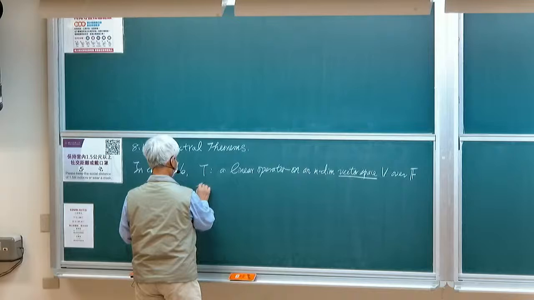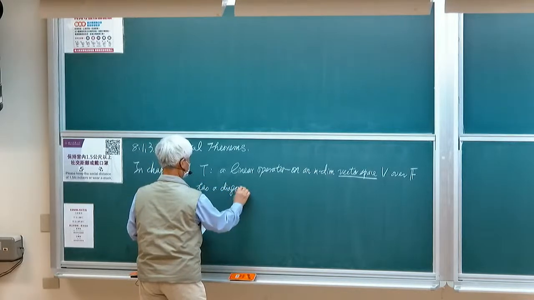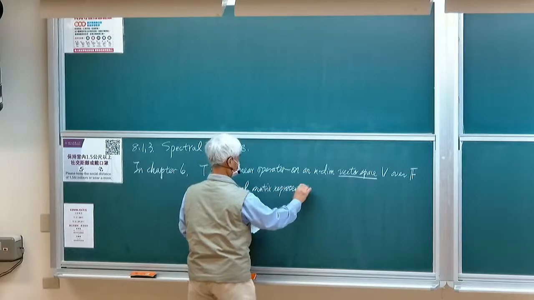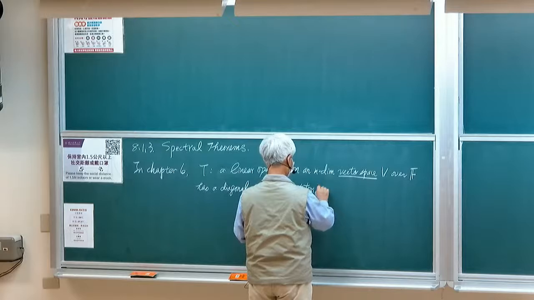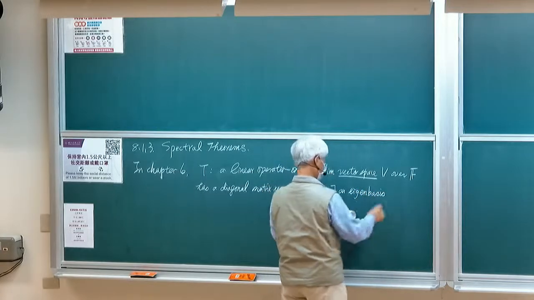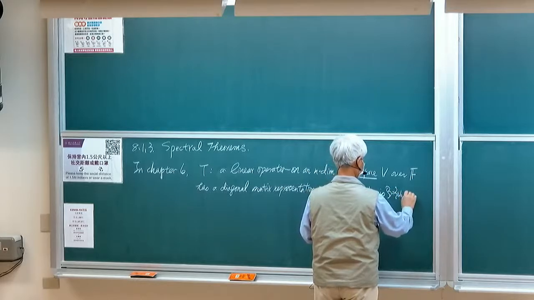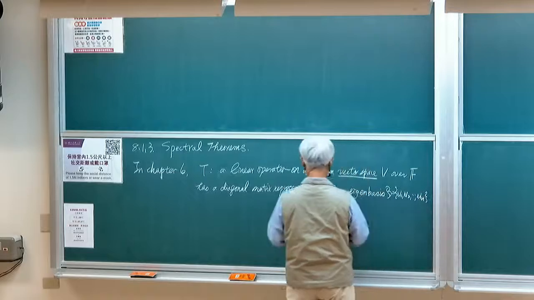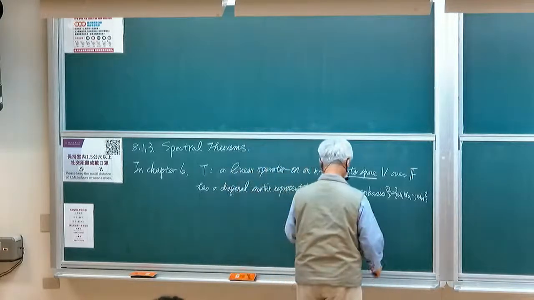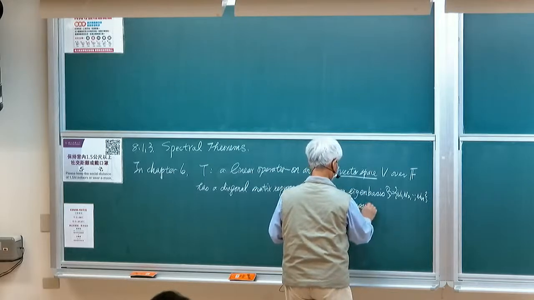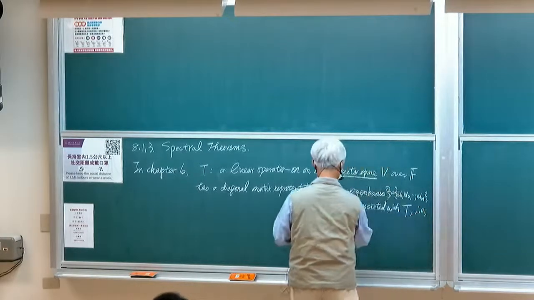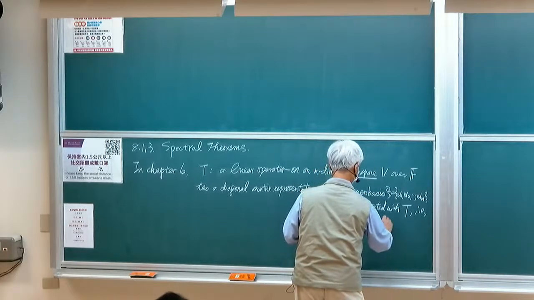Then T has a diagonal matrix representation if and only if there exists an eigenbasis for this vector space associated with T, i.e. we have T ui equal to lambda i ui.